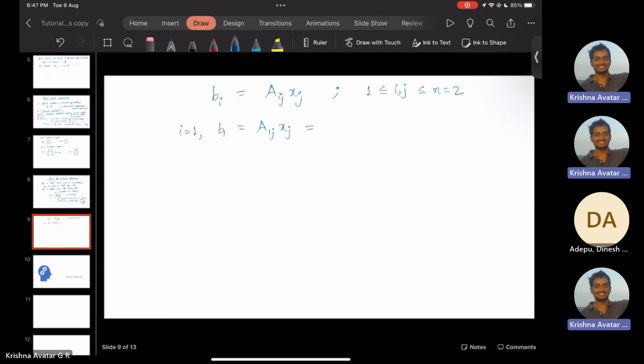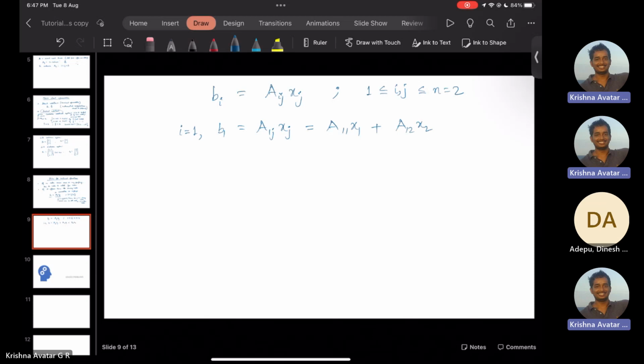So we are carrying out a summation over j, such that we allow j to run over all the values it can take. So j also starts from 1, which means that we have a11 x1 plus a12 x2.